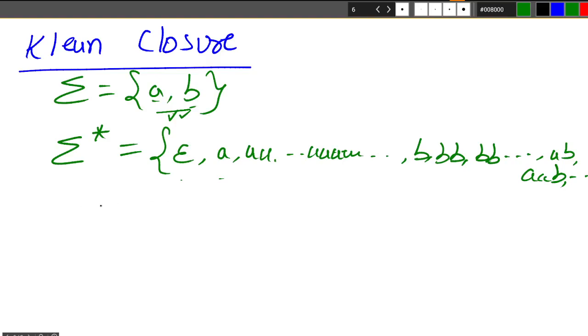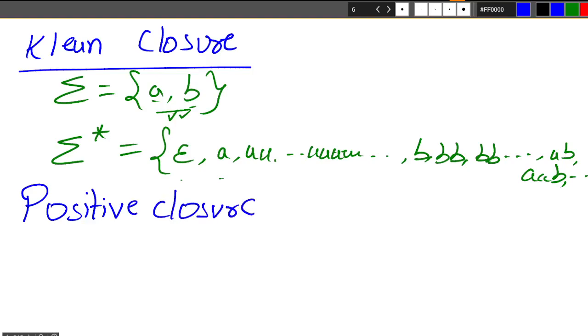Now if I talk about positive closure, what happens in positive closure? For positive closure you have a different symbol, which is plus. On this alphabet the plus symbol says everything that you had in Kleene closure except the epsilon.